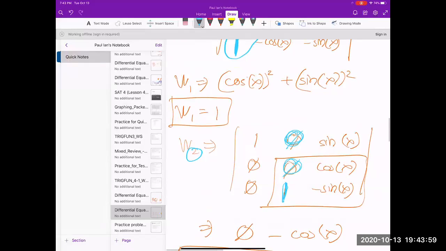For W2, it would be the second column. This number is associated with which column you do this for. So for W2, still 0, 0, 1, and because it's W2, you do that for the second column, and everything else is the same.